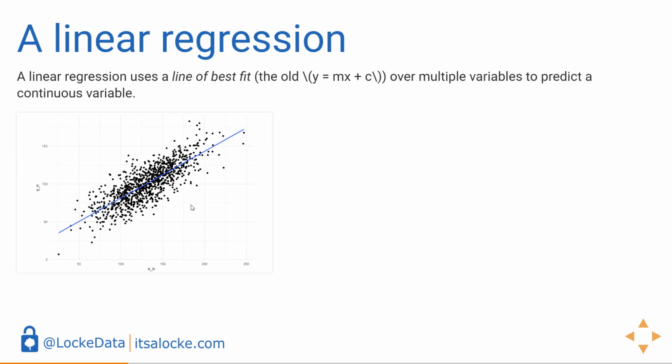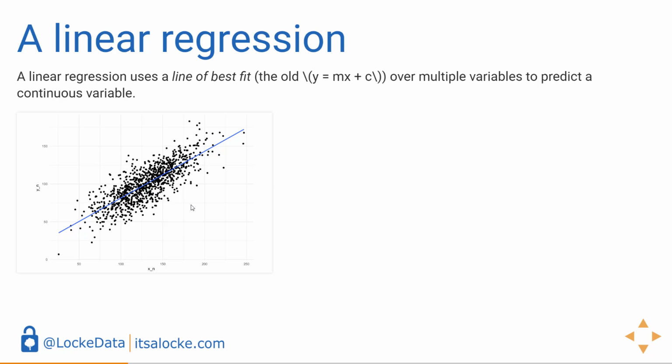So linear regression, hopefully you've all done lines of best fit and everything. Linear regression allows us to basically plot our way through a bunch of variables with straight lines and end up with a prediction of a continuous value. And notionally, those values can become plus or minus infinity.